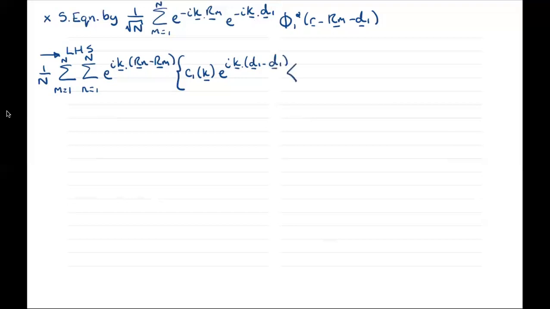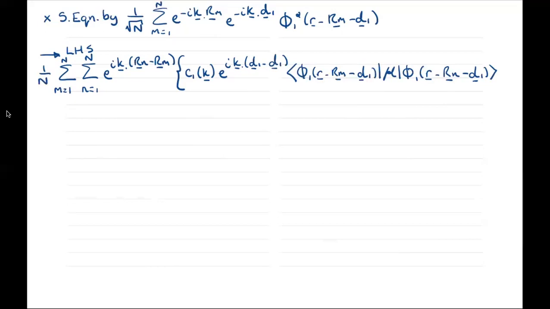And then our integral phi 1 of r minus r sub m minus d1 times the Hamiltonian operator times phi 1 of r minus r sub n minus d1. So that's the term from the first atom. We'll come back and simplify it in a moment.